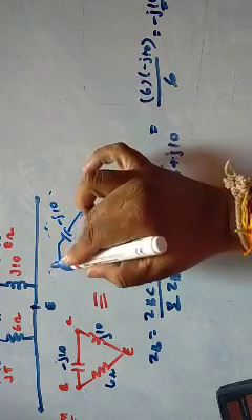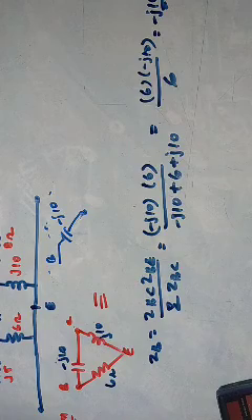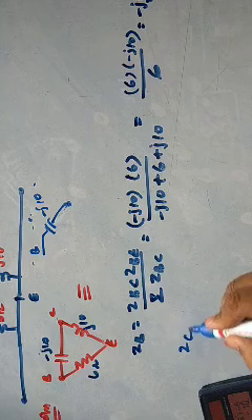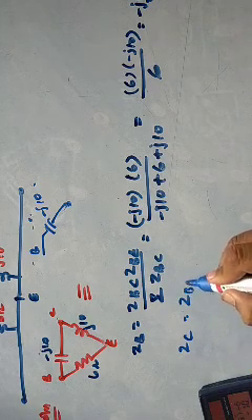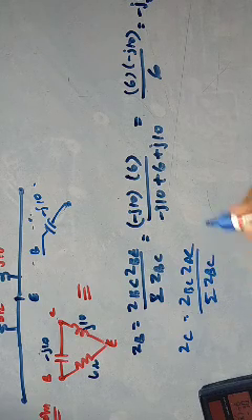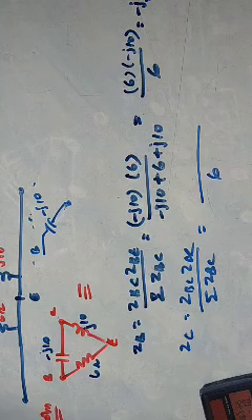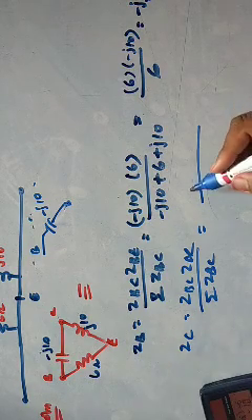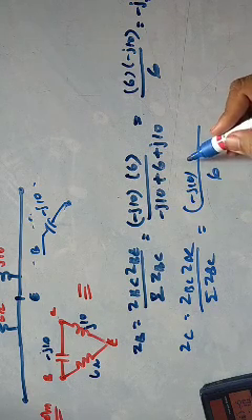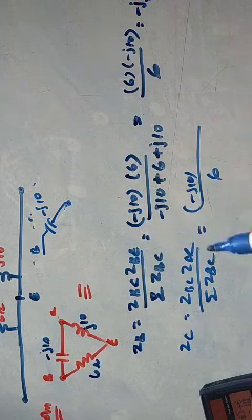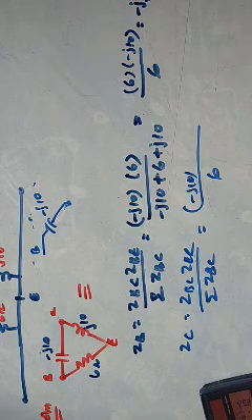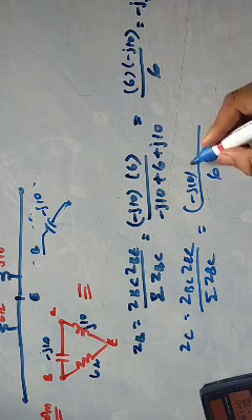Minus J10, this is B. Similarly, ZC is equal to ZBC into ZAC divided by the summation of ZBC. In the denominator, I will directly write 6. ZBC is minus J10, and sorry, here it is not AC; wherever A, you have converted it to E, so ZEC. ZBC into ZEC.